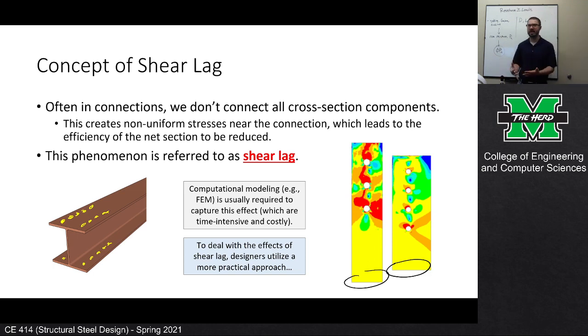What you're seeing over here on the right is what's called a stress contour. This is what finite element packages like Abaqus or ANSYS produce. This is really powerful software that's used in research and really complex engineering. When you look at the main body of the member, you see that the stresses are fairly uniform. If you look at the bottom of those images, they're yellow, which is basically saying there's no change in stress, that they're all the same.